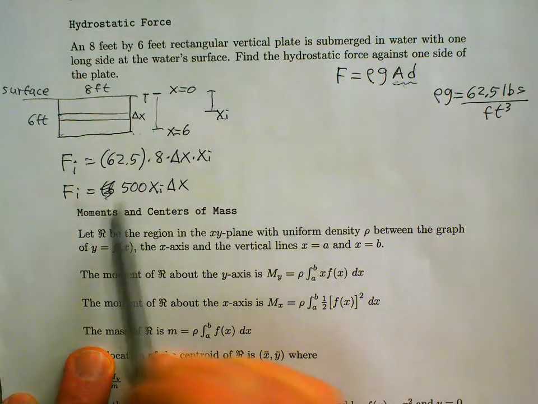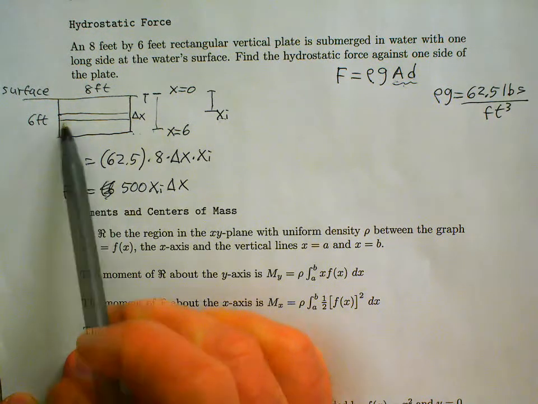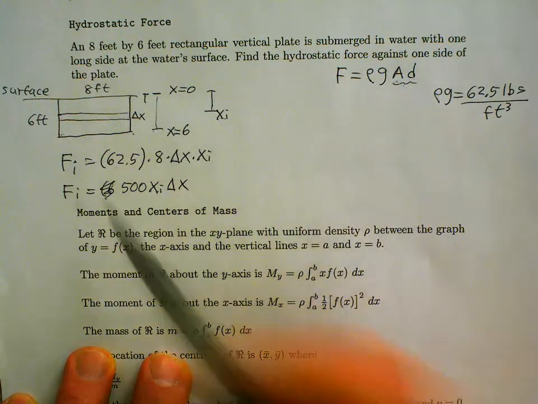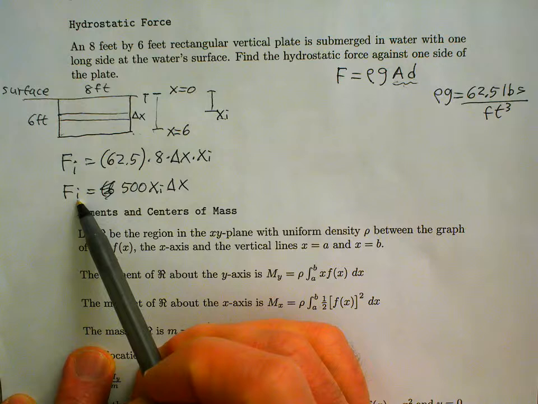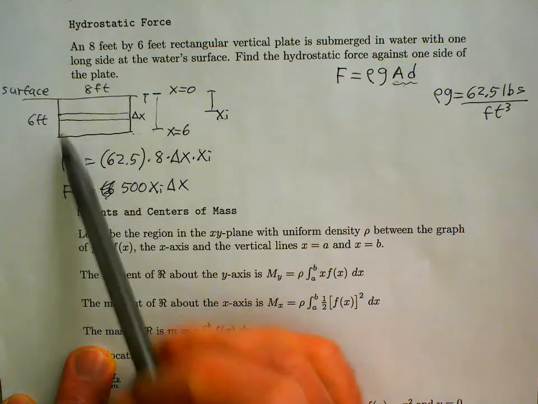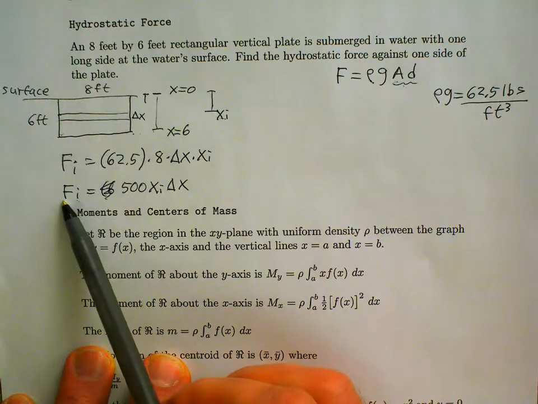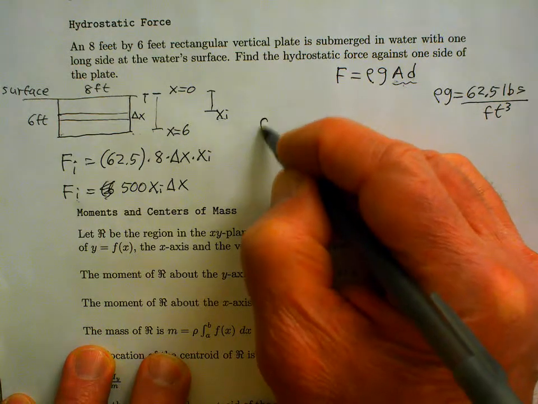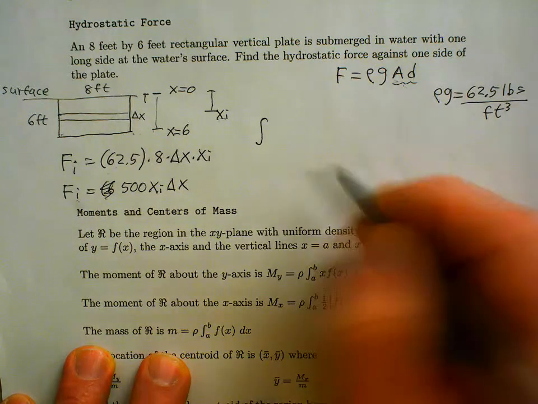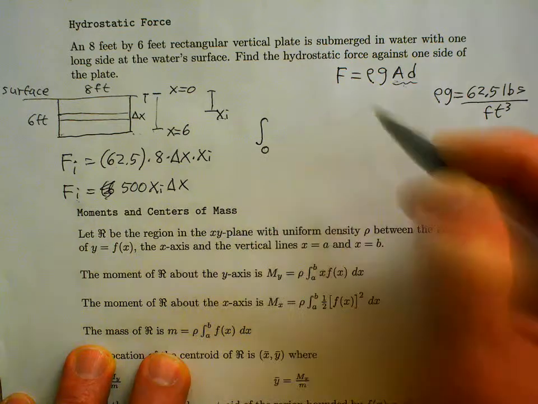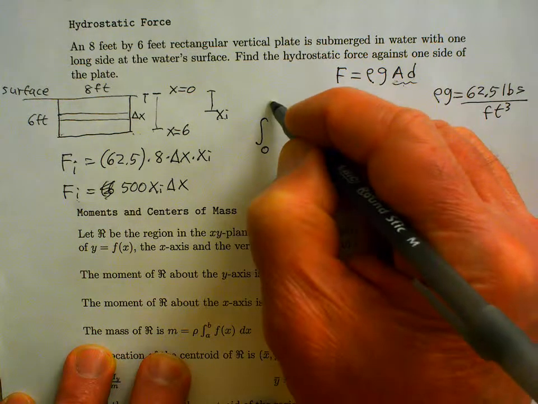Okay, so you'll remember the idea is we can do that for all of the sub-rectangles, for any number of sub-rectangles. And if we add up the hydrostatic forces on all of those, then we can take a limit which will be equal to the definite integral from x equals 0 feet to x equals 6 feet.